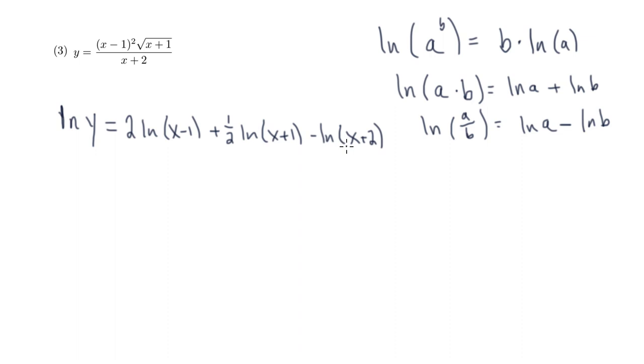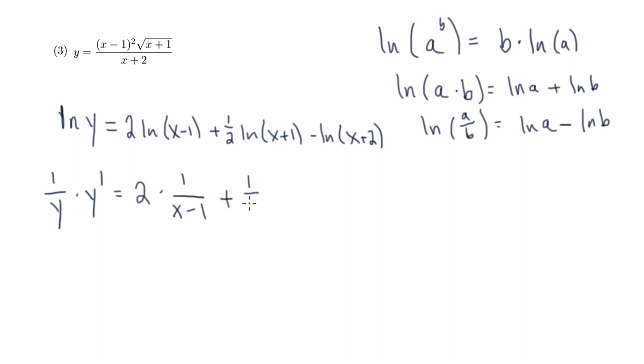So why did I do that? Well, look what happens when I differentiate. Just like we said before, we always will get 1 over y times y prime. And this is 2 times the derivative of log x minus 1, which is 1 over x minus 1. And so apply the chain rule. The derivative of x minus 1 is just 1.